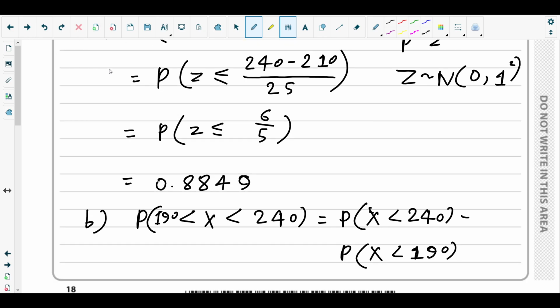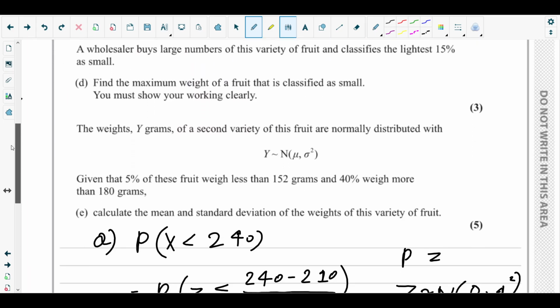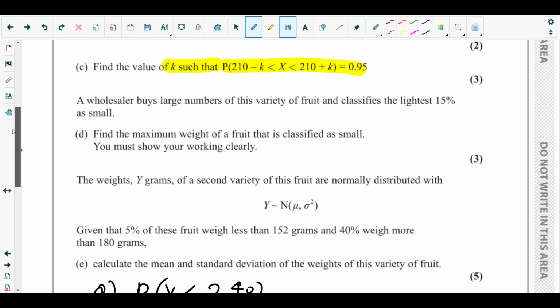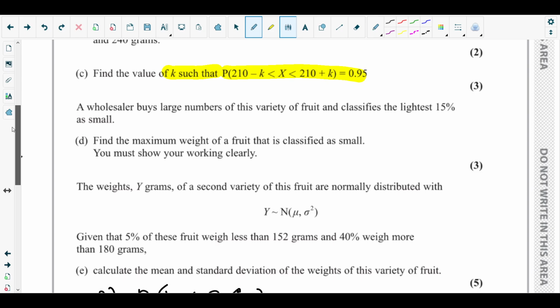Next, part D. Okay, what they have asked in part D: a wholesaler buys large numbers of this variety of fruit and classifies the lightest 15% as small. So find the maximum weight of a fruit that is classified as small.